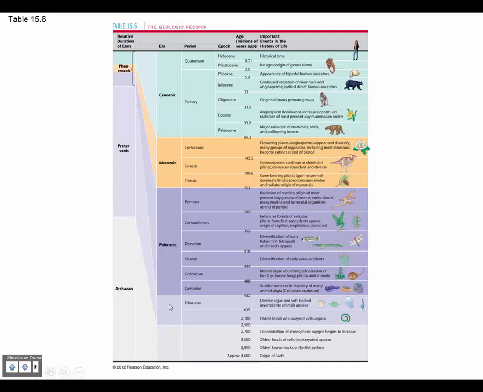When we look at this part right here, this is 4 billion years, and it is clearly not represented equally with this part up here. This part up here is only 500 million years. So we have to keep that in mind.